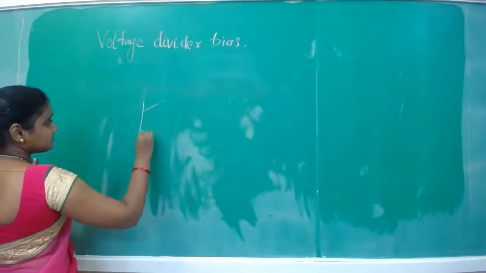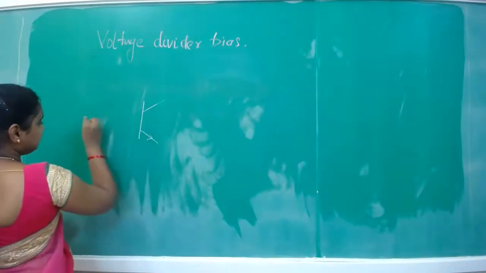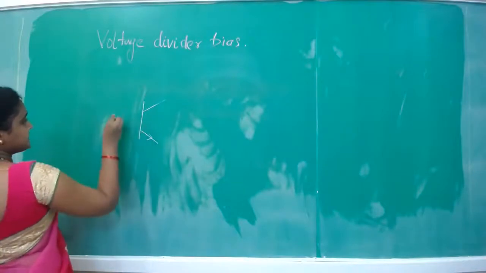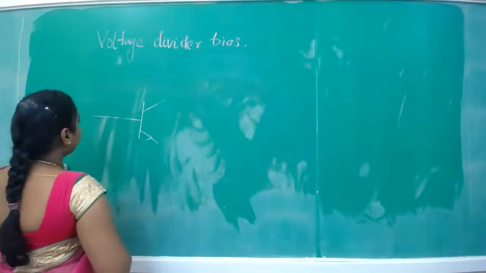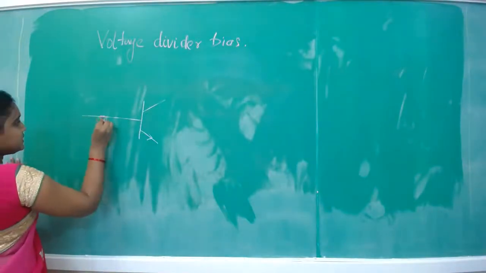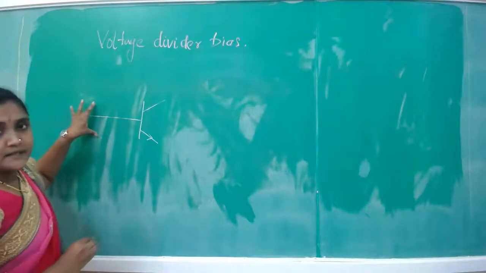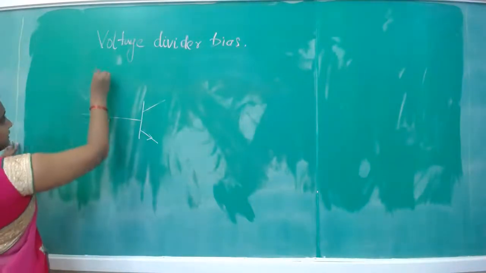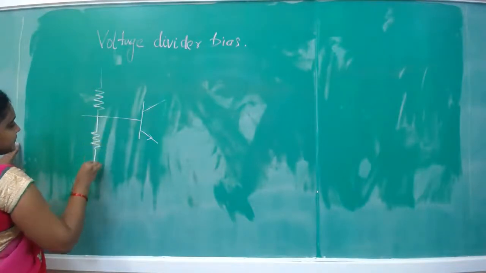Of course, it requires a transistor and we are using an NPN type of transistor. The circuit will have a network showing the use of two resistors connected in the form of division of the voltage, so that they will divide the voltage.